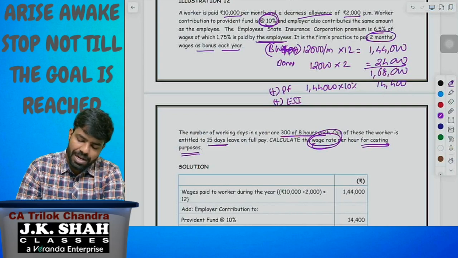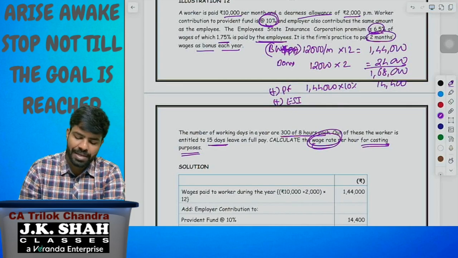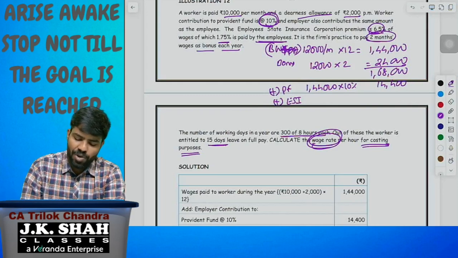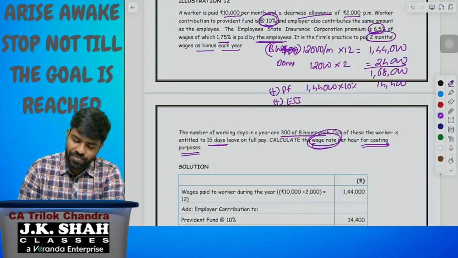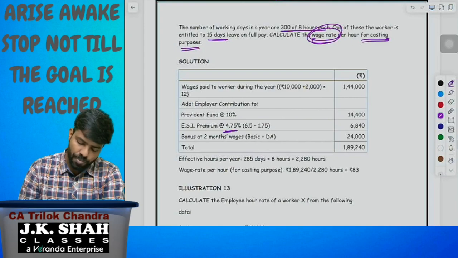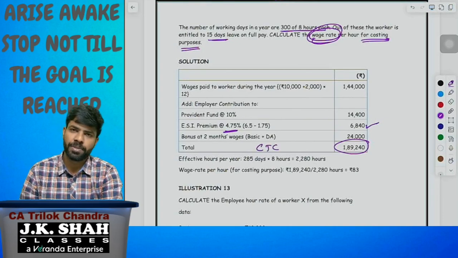ESI total contribution is 6.5%, out of which 1.75% is paid by the employee. Balance amount will be paid by employer. So 6.5 minus 1.75 will get 4.75%. 1,44,000 into 4.75% will give the value, 6,840. If you make a total, 1,89,240. This is the CTC to the company.